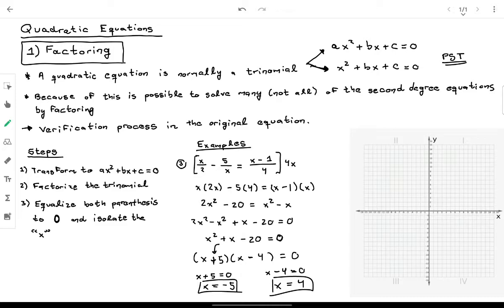What does that mean? Remember, it will cross specifically here, x equals minus 5, x equals 4, and we also know, because the value of c is minus 20, that it will cross the y-axis at minus 20, which will be maybe here.